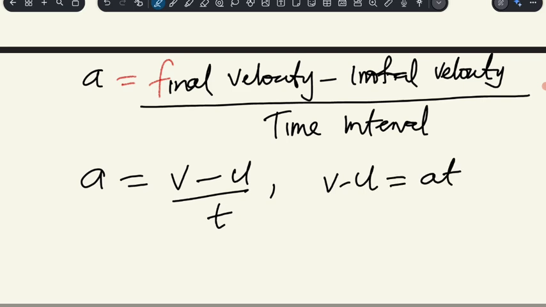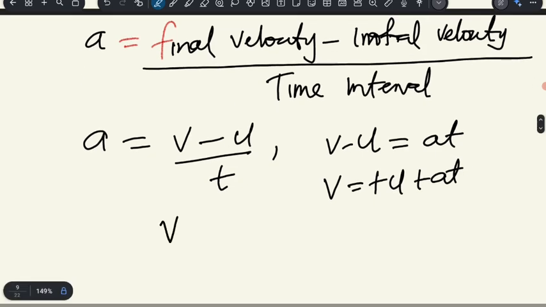Let's try to make v the subject of the formula. To have v equal to, this u will become plus u, plus at. So therefore v is equal to u plus at.